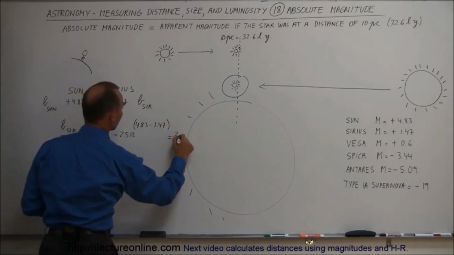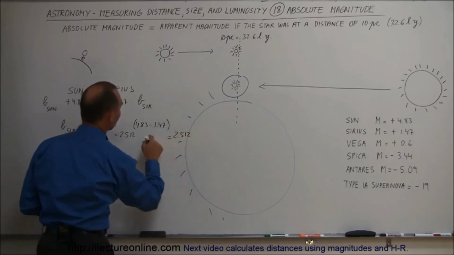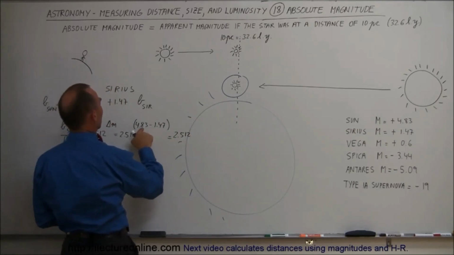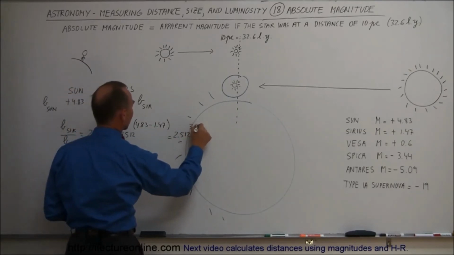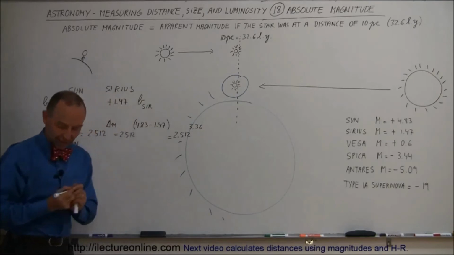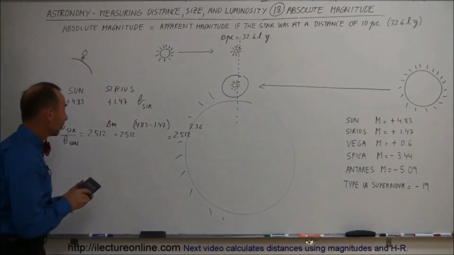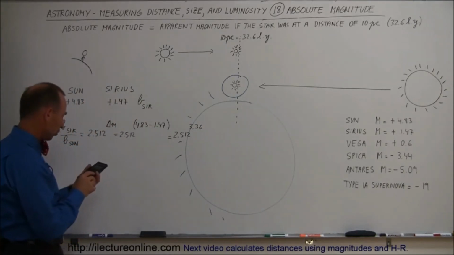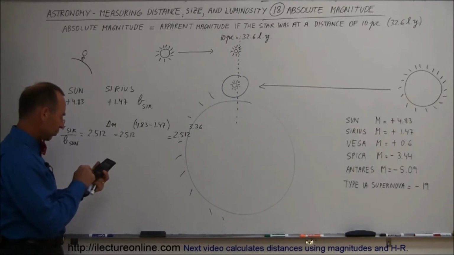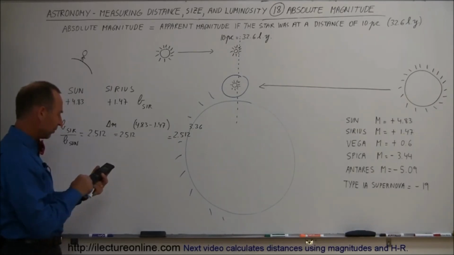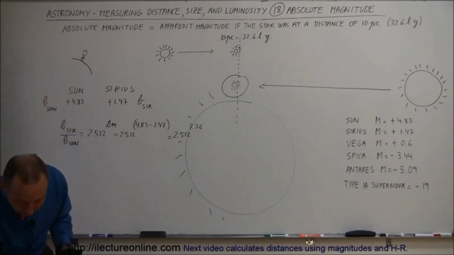If you subtract that, you get 3.36. And let's find out how much brighter Sirius is compared to the sun. All right, so 2.512 raised to the 3.36 equals 22 times as bright.